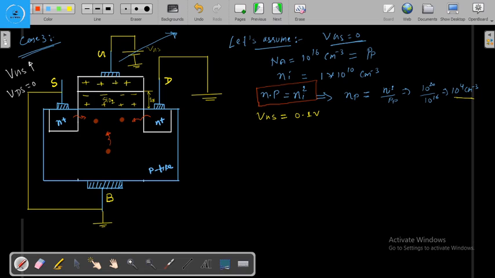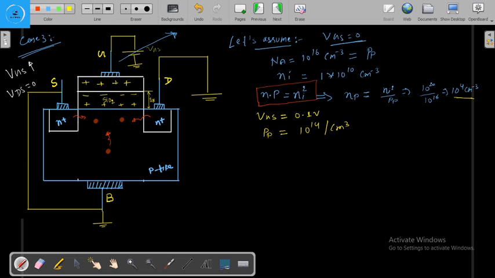So let's assume the concentration of the hole is decreased to 10 to power 14 per centimeter cube.